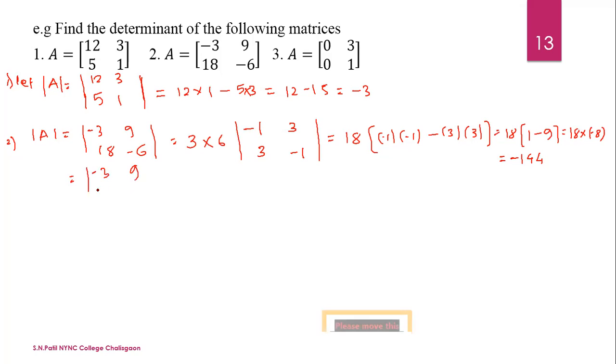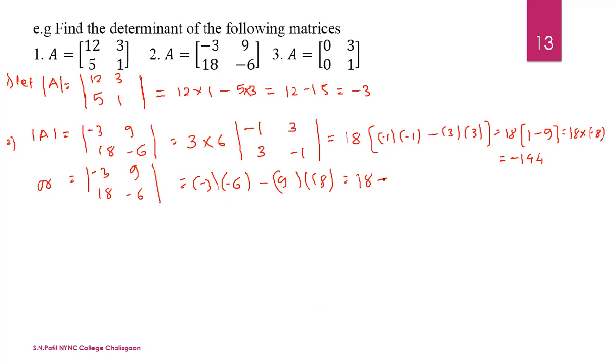Minus 3, 9, 18, minus 6: minus 3 into minus 6 minus 9 into 18, that is 18 minus 18 into 9, and 18 into 9 is 162. So 18 minus 162 is minus 144.